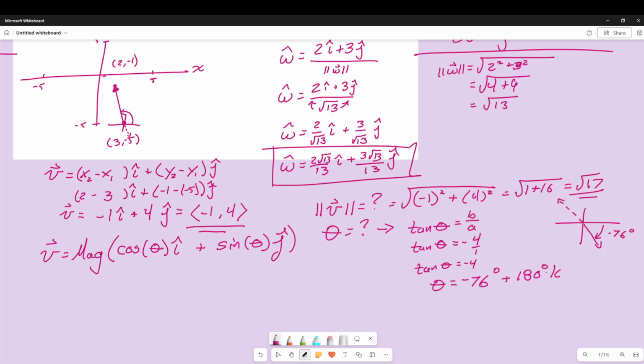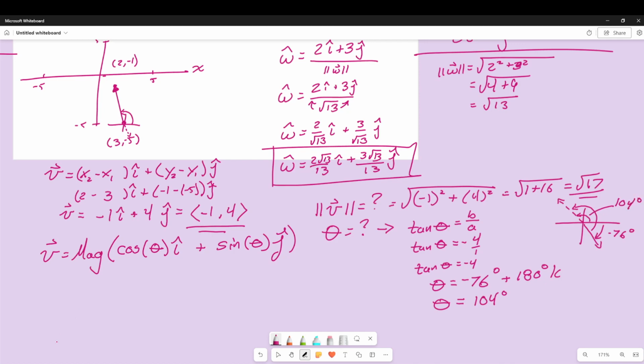So we're going to take that principal value and add 180 degrees to get a 104 degree angle. Yeah, so this angle, after we added the 180 degrees, is our 104 degrees.